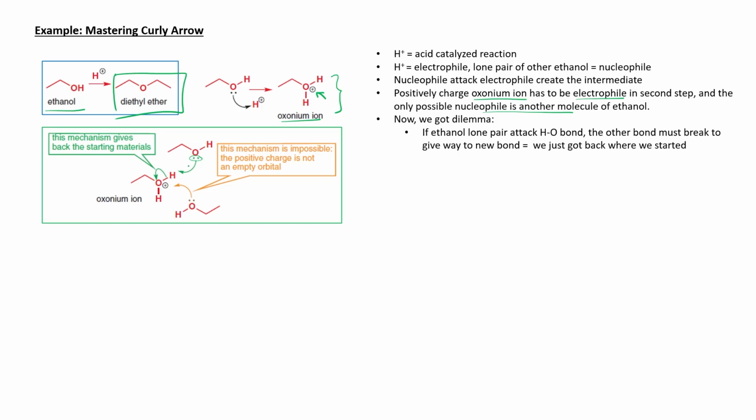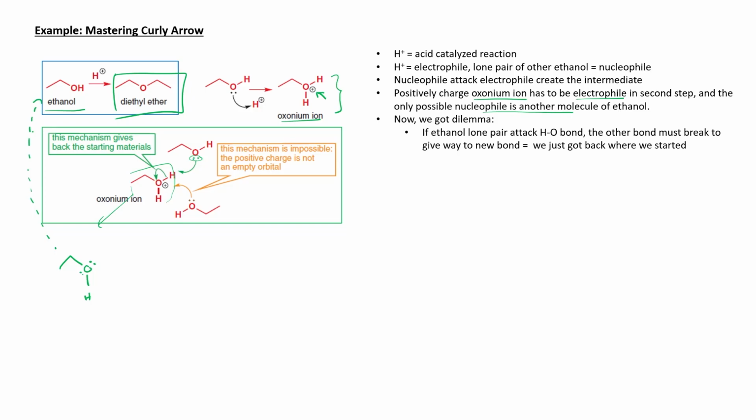So if this is broken like that, it becomes a lone pair again, and then there is another lone pair, the original lone pair that is not shown here. So it becomes ethanol again, the same as the original. So you just get back where you started.